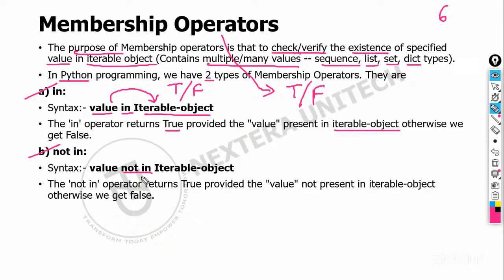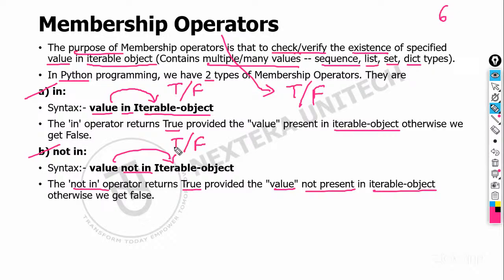The next operator that we have is not in. Not in acts quite opposite to in. When does not in operator return true? When the value is not present inside the iterable object, then it returns true. If the value is present inside the iterable object, it returns false.